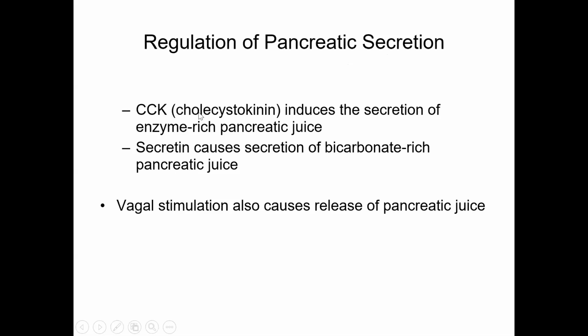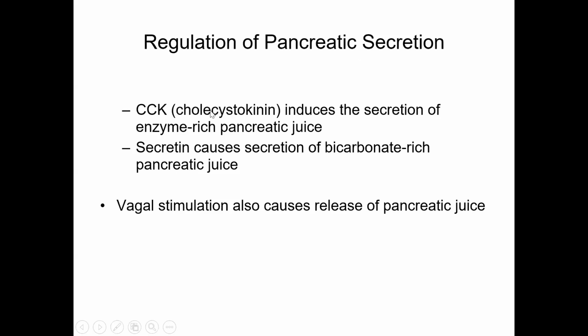The two major hormones which can regulate pancreatic exocrine secretion: one is called cholecystokinin or CCK. Another one is called secretin. These hormones are made in the small intestine, and then they travel through the blood circulation and get to the pancreas. They target the pancreas to regulate pancreatic secretion.